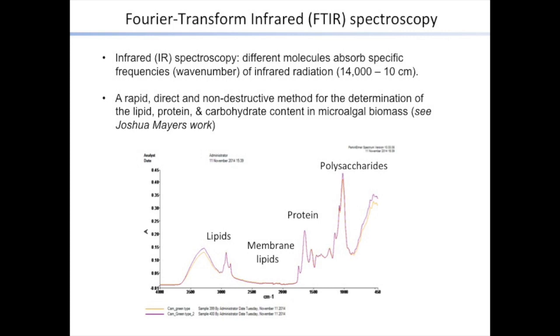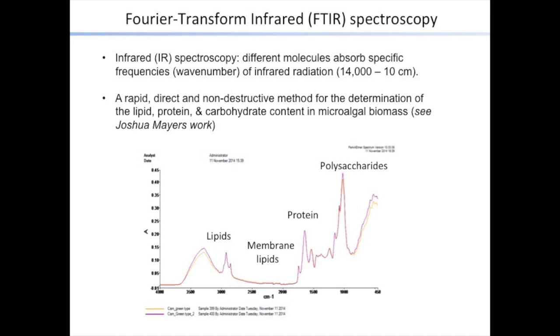The other metabolomics technique we can use is something called FTIR. Rather than using UV visible wavelengths, we can go much further into the infrared wavelengths, and you basically get a fingerprint of different classes of metabolites. Roughly speaking, you get polysaccharide peaks, protein peaks, lipid peaks here and lipid peaks there.